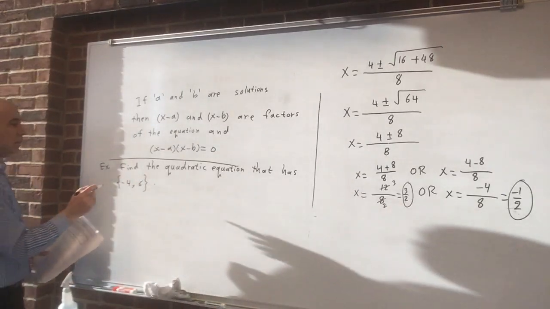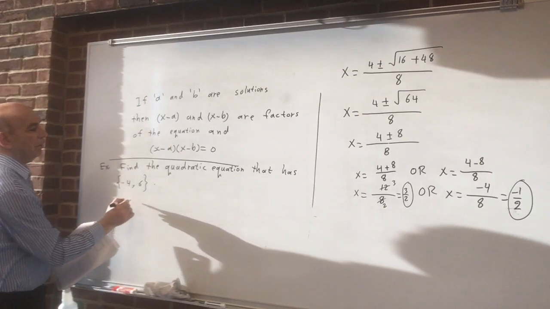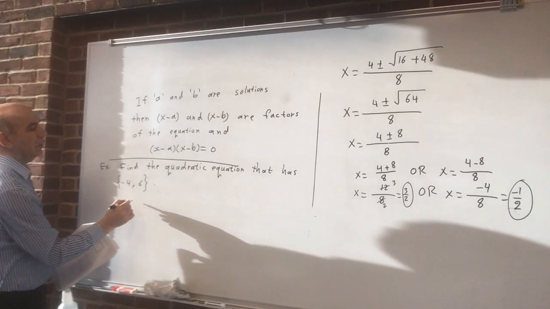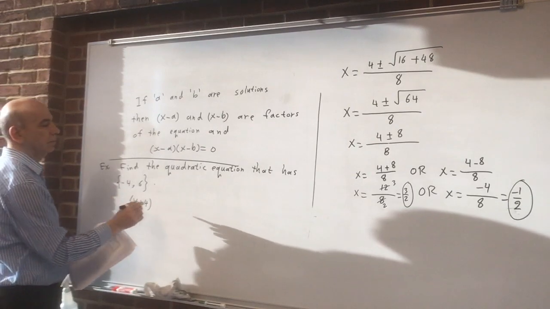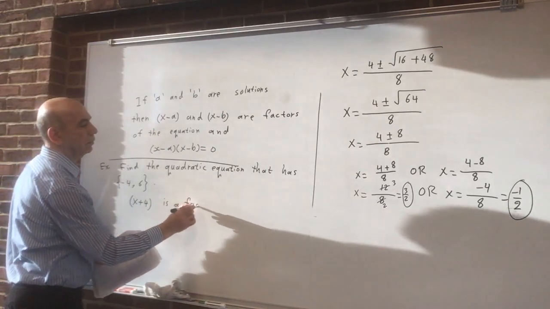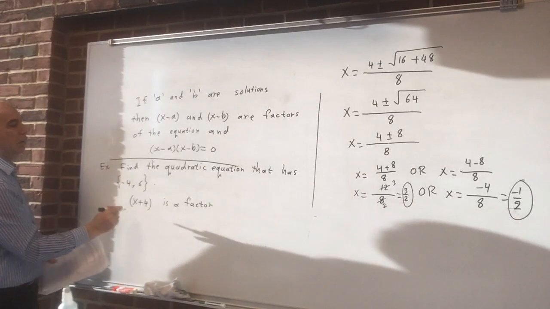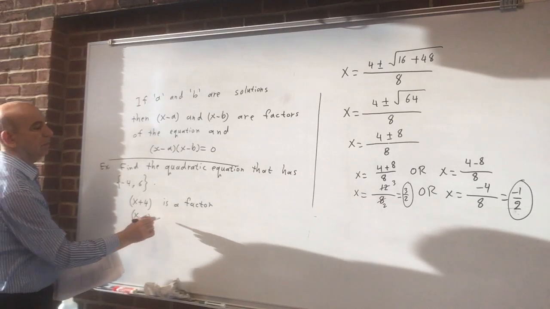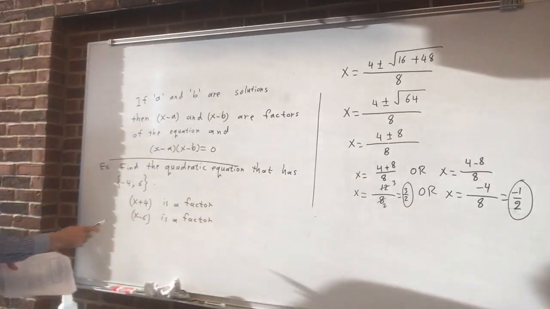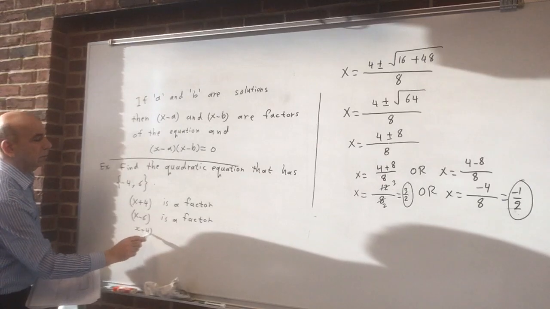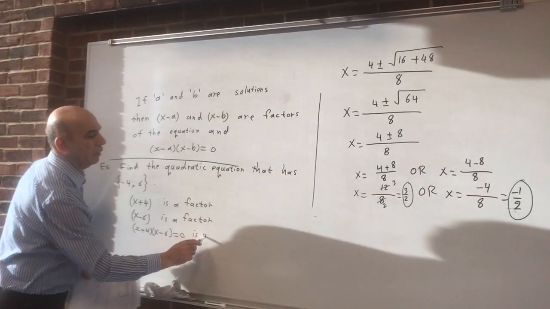Since negative 4 is a solution, x plus 4 is a factor. X equals 6 is a solution, so x minus 6 is also a factor. And the product x plus 4 times x minus 6 equals 0 is an equation.